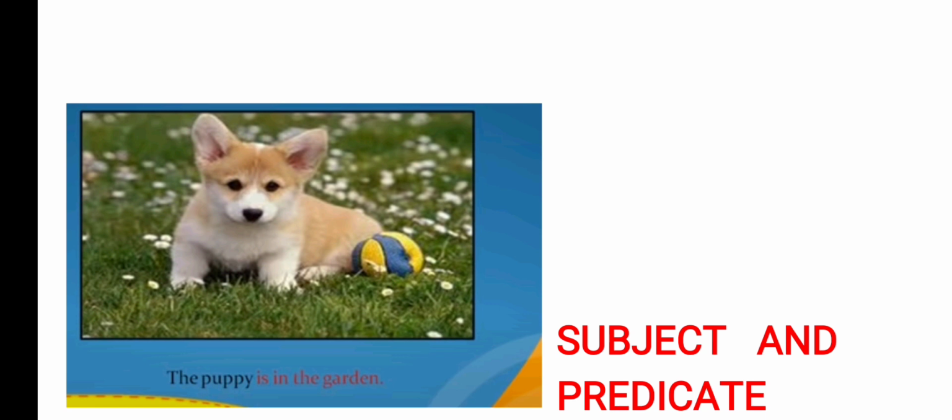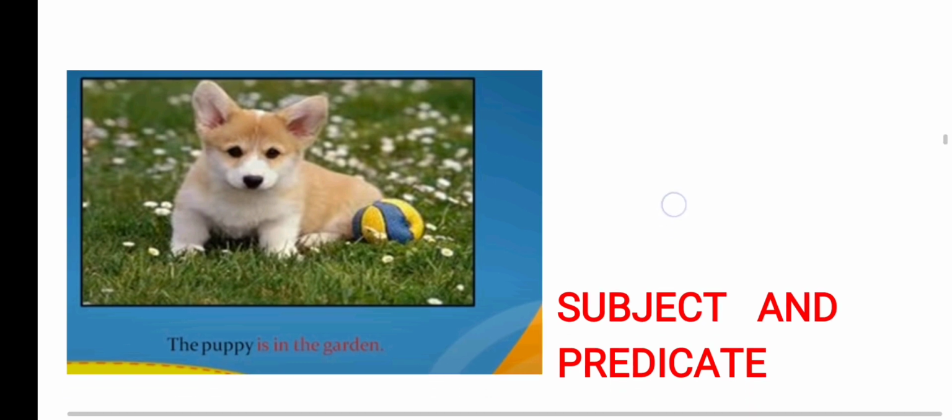Now, students, subject and predicate. Most of the time we are given sentences and we need to find which is a subject and which is a predicate. Now let's find some of the steps to identify the subject. So how to identify the subject and predicate present in any given sentence?